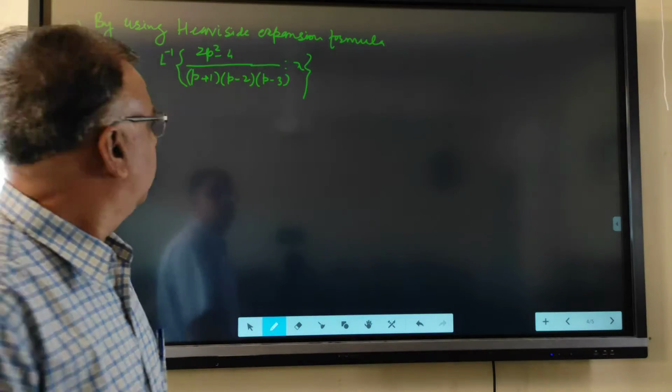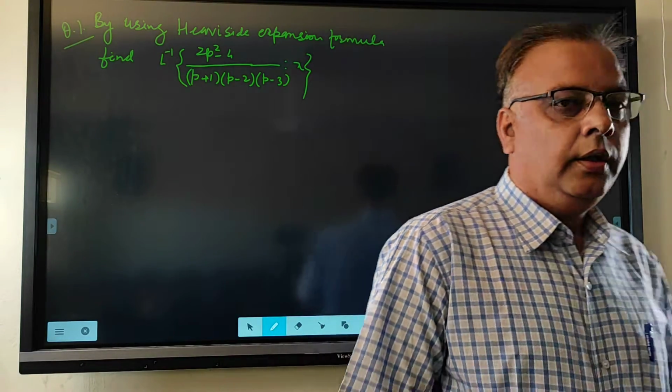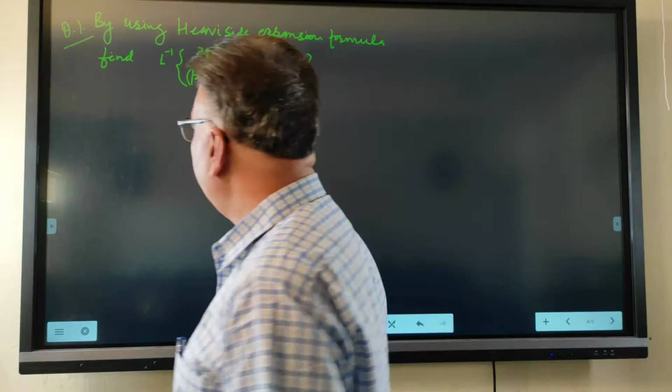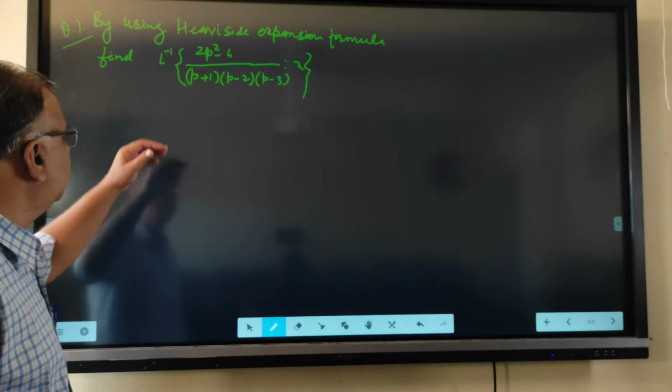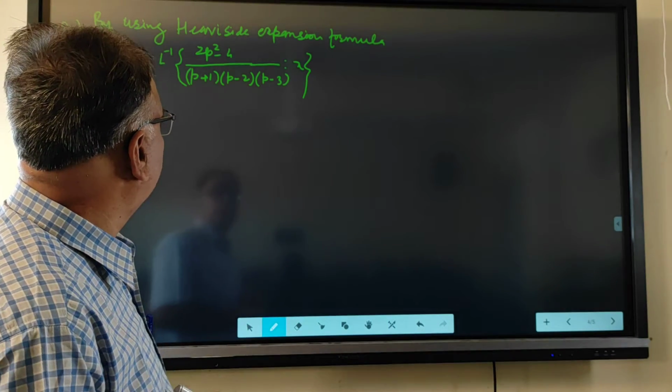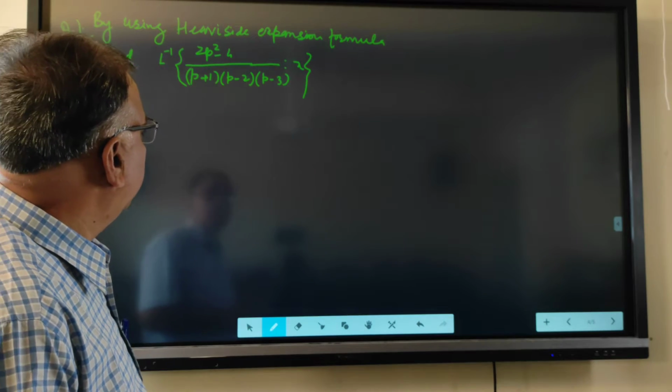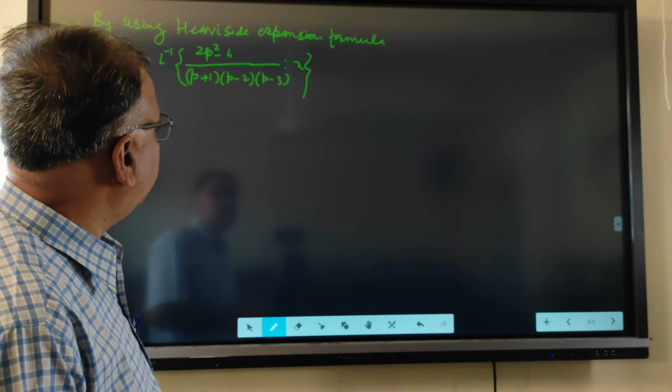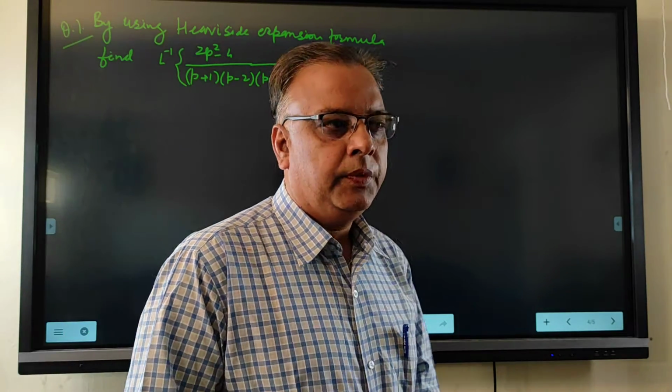First of all, we have to find the inverse Laplace transformation of the function (2p² − 4) upon (p + 1)(p − 2)(p − 3) by using the Heaviside expansion formula.